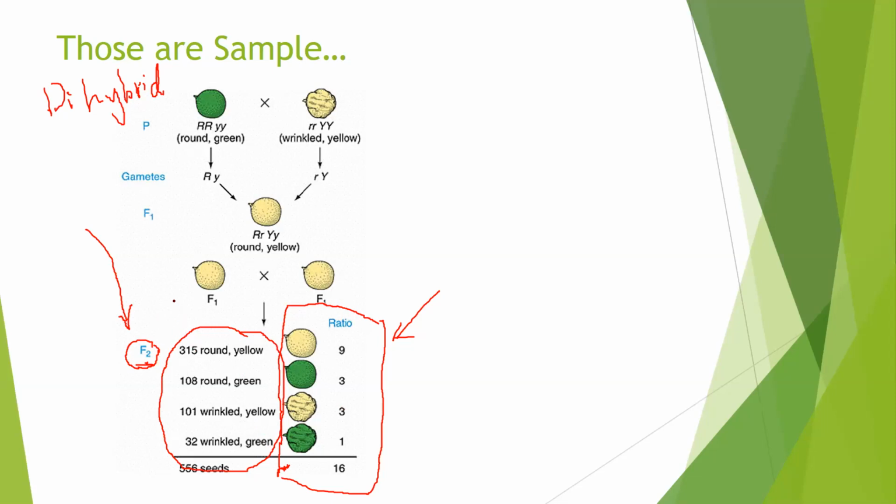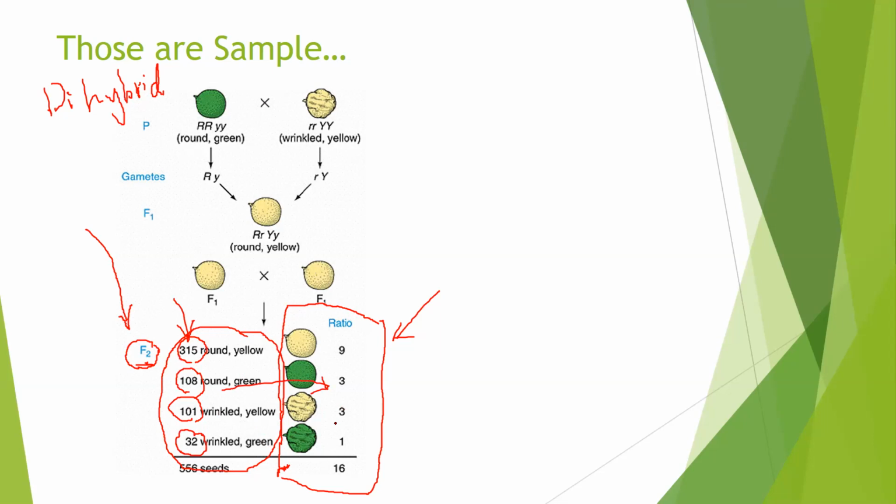Now you have your data, you have your sample, and you can calculate the phenotypic ratios in your sample. This ratio will never be exactly the same as the expected ratio.